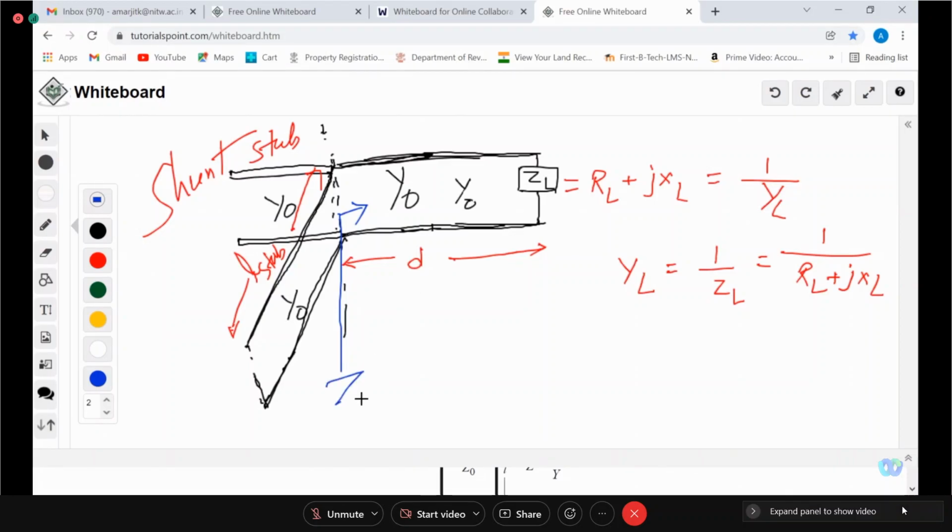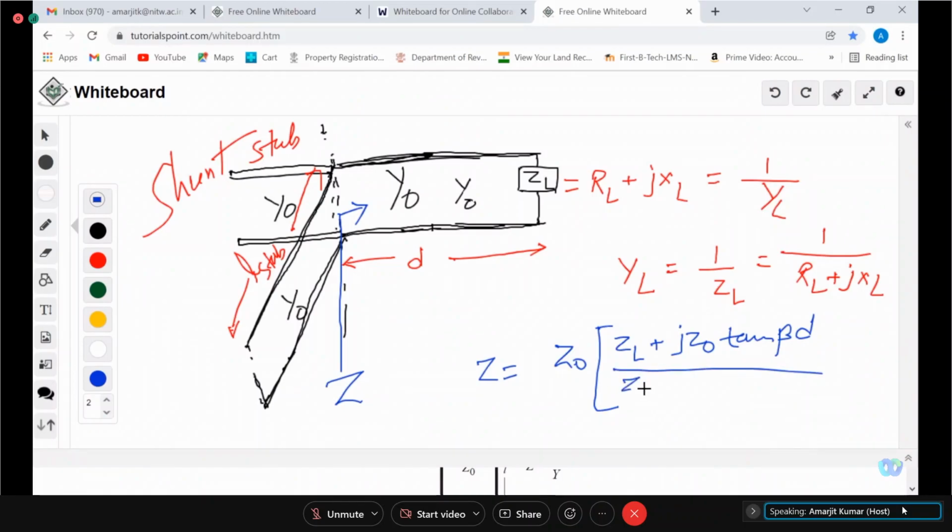This impedance Z is equal to, what is the general formula? Z naught into ZL plus j Z naught tan beta d.